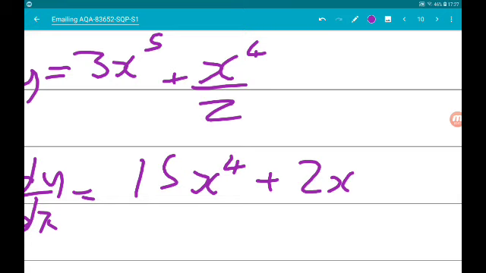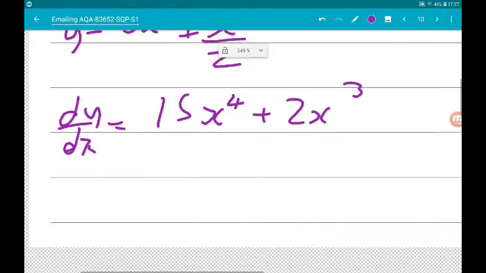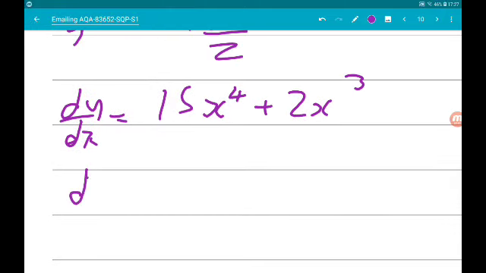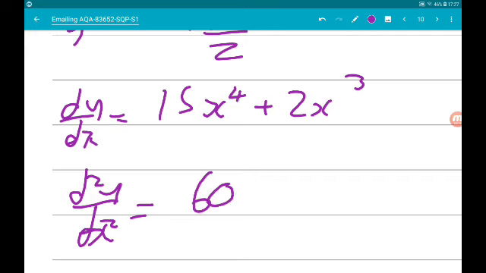Now the power goes down by 1, so it's 3. So that's our first derivative. Our second derivative, well, the 4 comes down and multiplies to 15, so we get 60x cubed, and then add, the 3 comes down and multiplies to 2, so we get 6x squared.